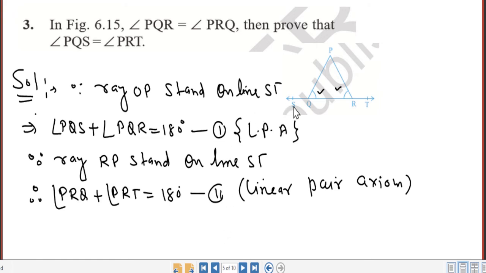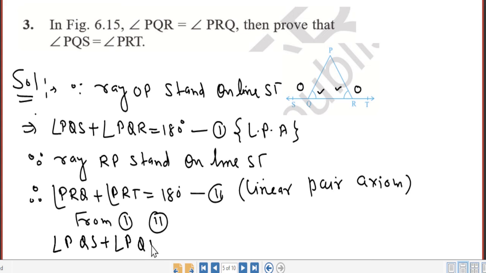Now see, actually since we have to prove that this one is equal to this one, we observe that left hand side, right hand side of both are equal. So first of all we have to write from 1 and 2: angle PQS plus angle PQR is equal to angle PRQ plus angle PRT.